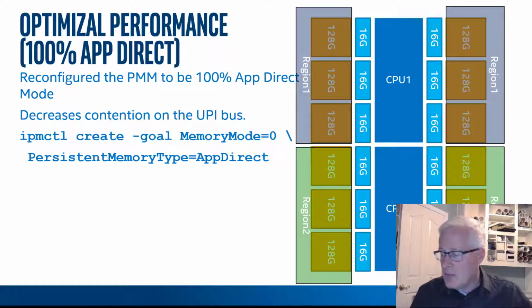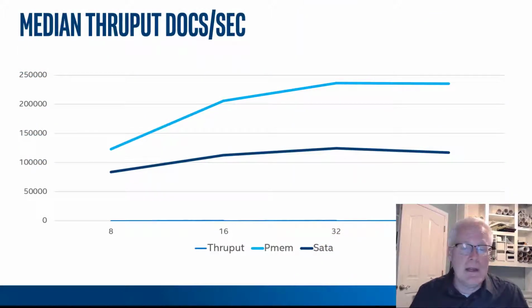So let's take a look at some of the results. This is running the eventdata track and running a 16 gig heap car, which is a pretty good sized car. I used that one because it tended to get the most reliable performance for what I was testing. And these results are pretty interesting. The SATA drive was about half as fast as my PMEM drive on median throughput.